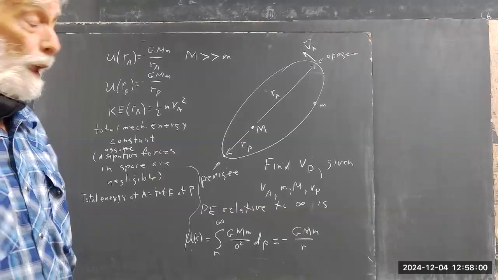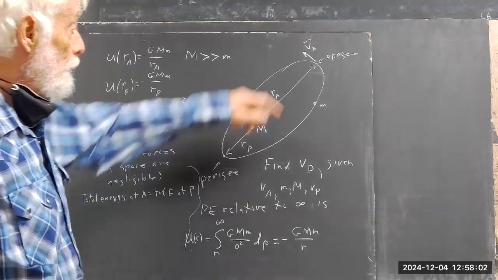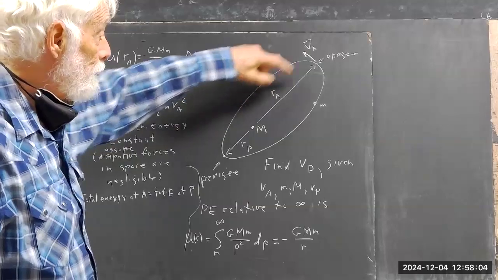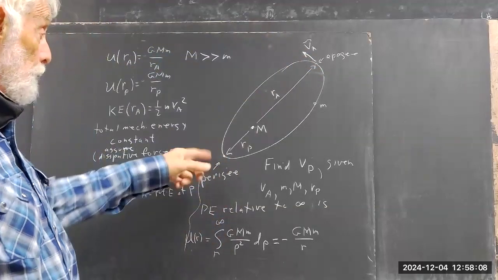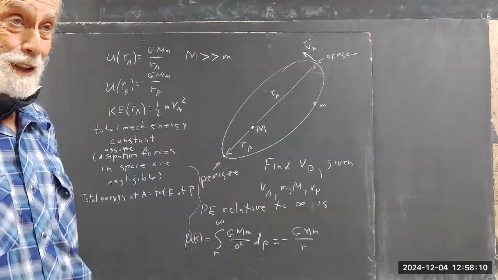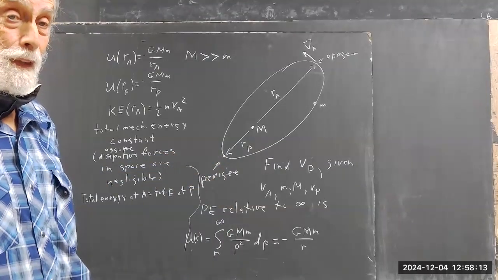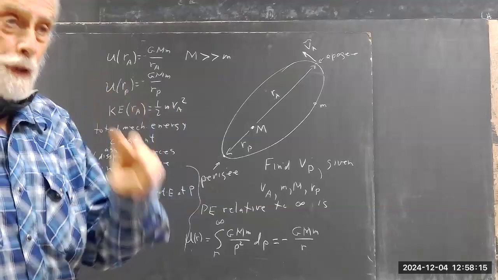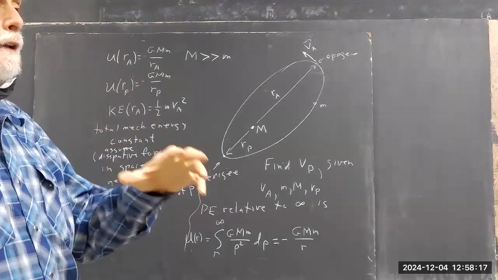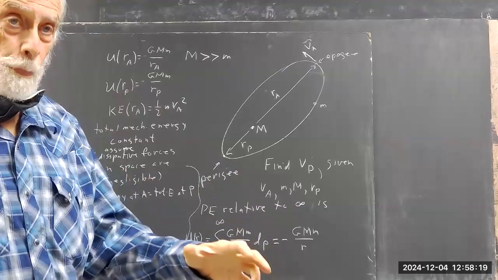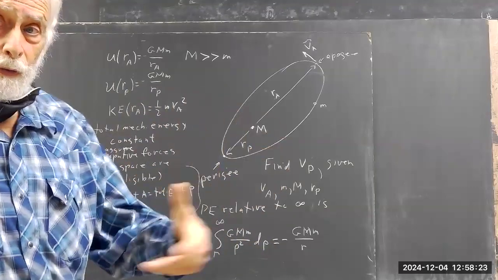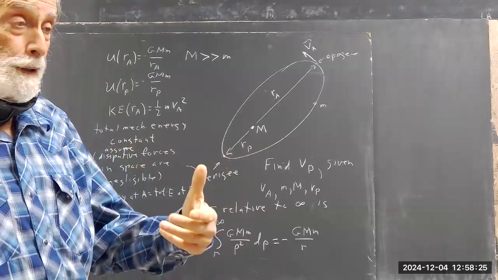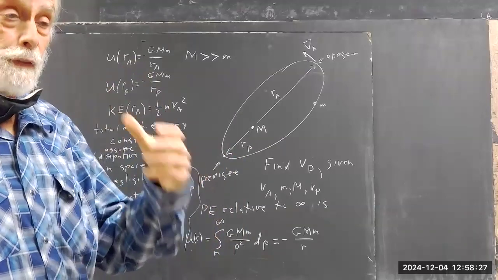However, this distance and this velocity determine where the perigee is, and it might not be where I said it is. There's another principle that you need to use to figure out where the perigee is and what its velocity is. So right now, we're doing sort of an oversimplified case. And this case is very, very simple.